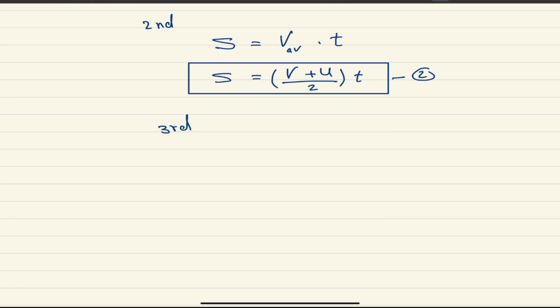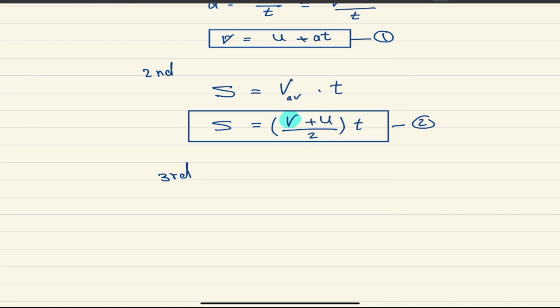When it comes to the third equation, we're gonna do something different. Like this v here, the final velocity in the second equation, we could substitute it depending on its value in the first one.